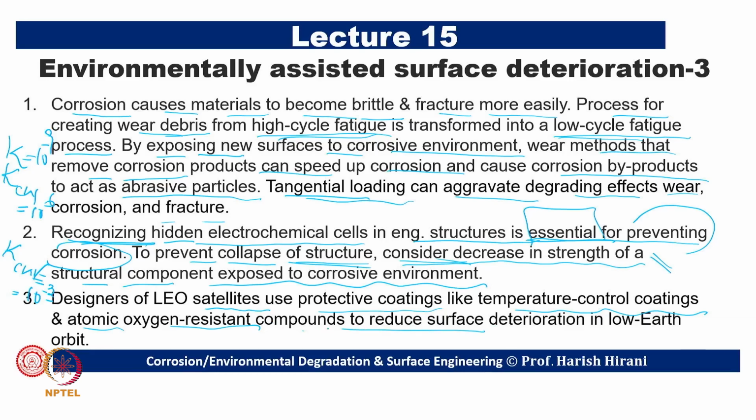We say that these kinds of coatings are required to reduce the surface deterioration and degradation for the satellites which are working in a low earth orbit. As I mentioned in the earlier lecture, in a low earth orbit we have many pollutants, and atomic oxygen is one of the major threats. The other thing I mentioned is that a satellite needs to have very high speed.